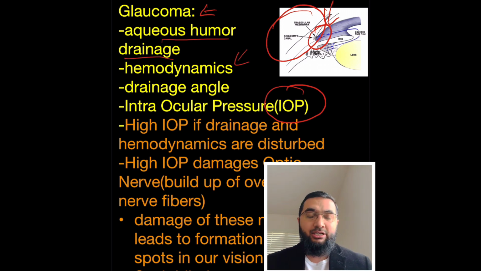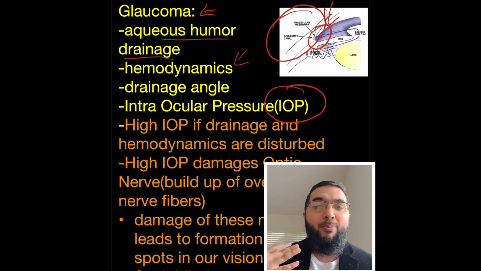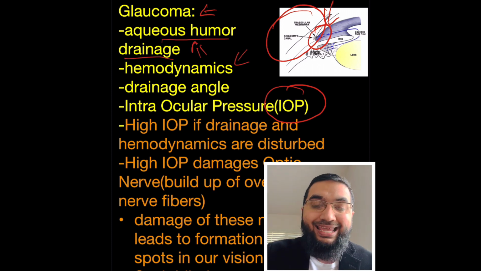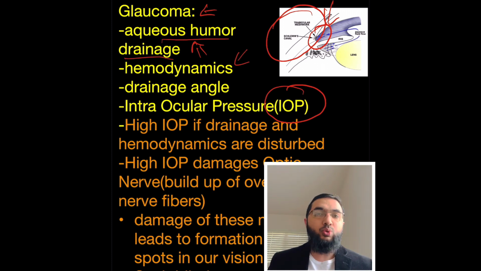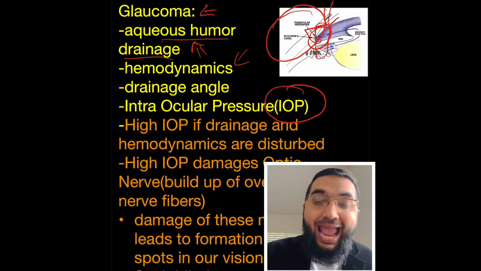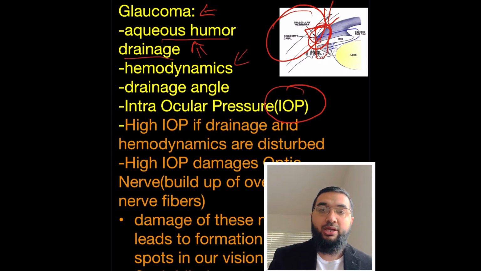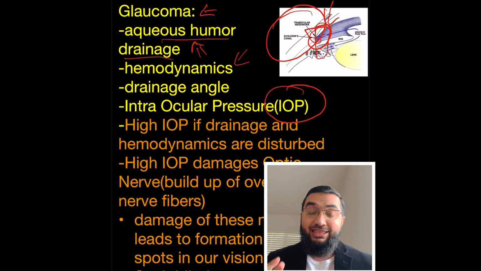No matter how much the quantity of that production is, your hemodynamics is going to get affected. Yes, if you are producing too much of this aqueous humor, you will have high pressure as well. Or if you have a problem with your angle here, you can have problems with your pressure in the eye.